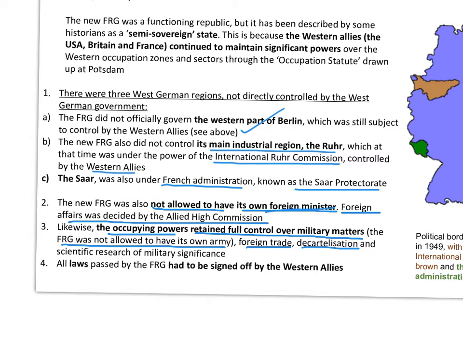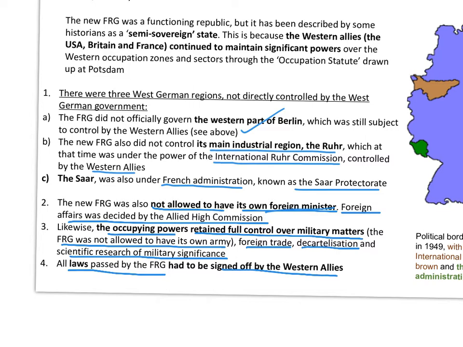And also, the Allies retained full control over scientific research of military significance. And then the final aspect that the Allies retained control over was that all laws passed by the Bundestag, the West German Parliament, had to be signed off by the Western Allies, Britain, France and America.